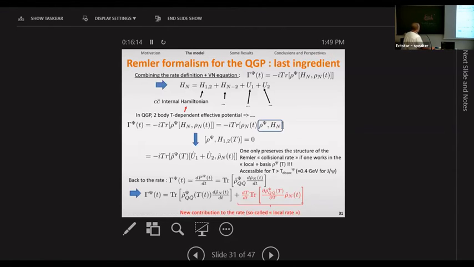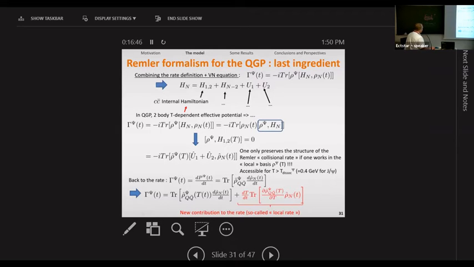The last term in models that I have not discussed is, of course, in this internal Hamiltonian, we would like to put precisely this temperature-dependent potential. Meaning, if we go back to the formalism, the only way to guarantee that this commutator is still 0 is to work in the local basis, meaning that psi will now be considered as a local state of the temperature-dependent potential.